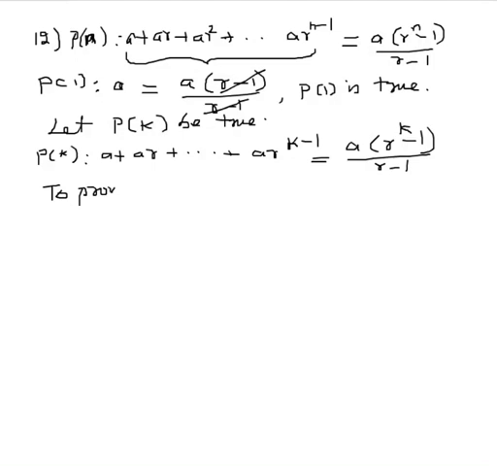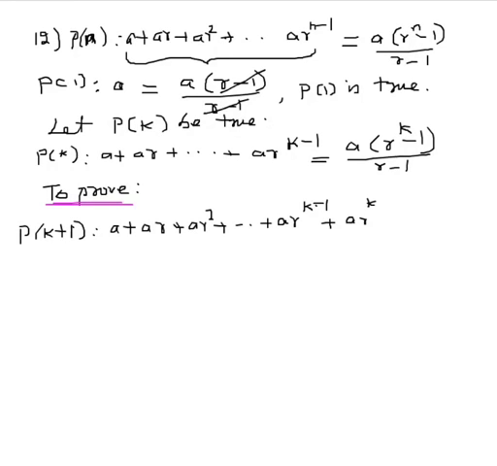Now to prove P of k plus 1 statement, that is a, ar square, etc. Kth term is ar power k minus 1 and k plus 1th term is ar power k plus 1 minus 1.